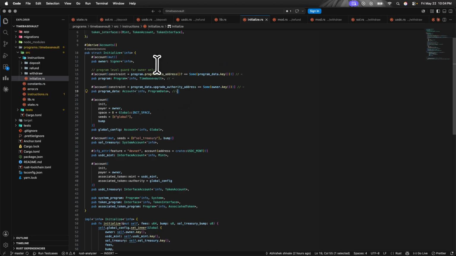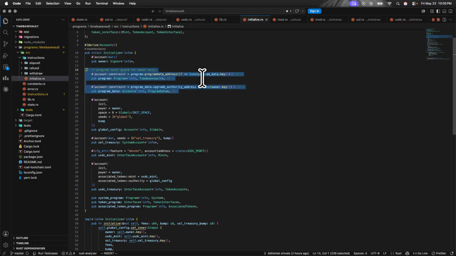We will define the owner and a constraint, which is a program-level guard. What it does is make sure that whenever someone tries to upgrade or make changes in the program, they must be the owner of this program.